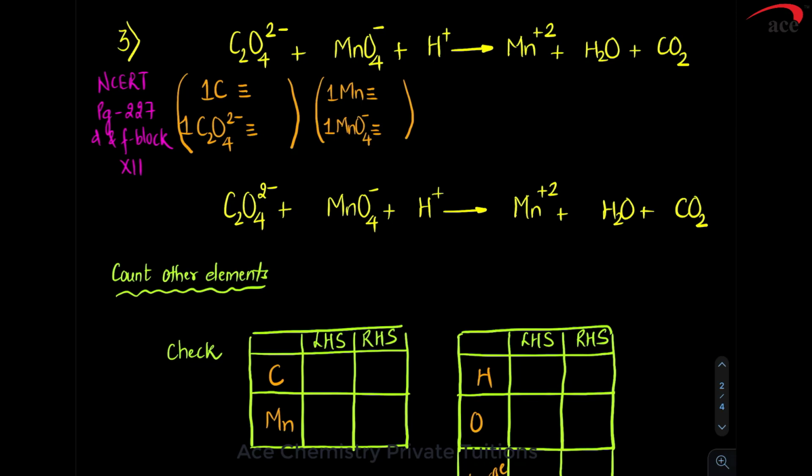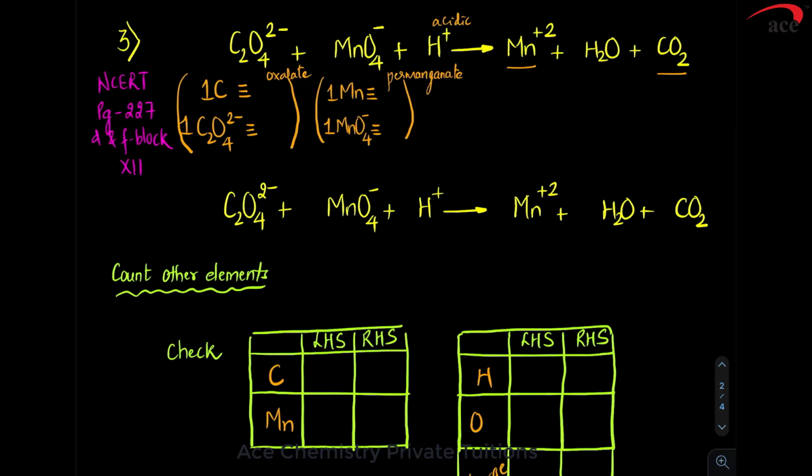This reaction is involving ions, and in this case, what exactly happens? Oxalate gets oxidized to carbon dioxide, while permanganate gets reduced to manganese ions in acidic medium.